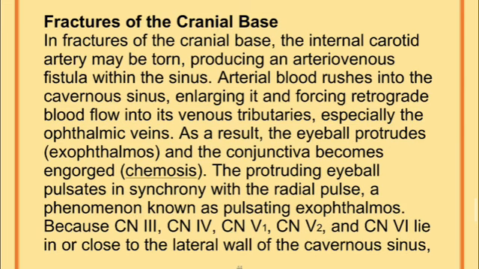This makes the cavernous sinus enlarged and forces retrograde blood flow to the venous tributaries, especially the ophthalmic vein. So you now have the eyeball protruding, what we call exophthalmos, and the conjunctiva becoming engorged, what we call chemosis. The protruding eyeball pulsates in synchrony with the radial pulse, and we call this pulsating exophthalmos.